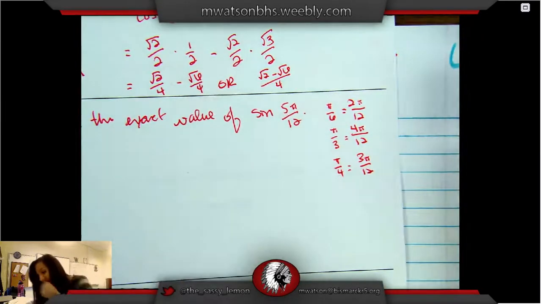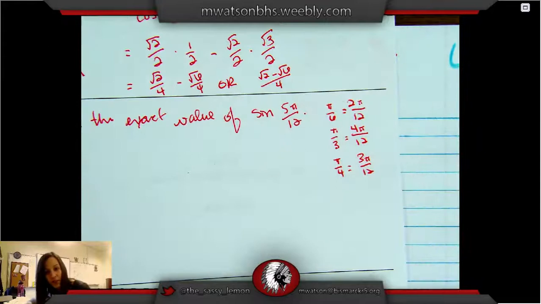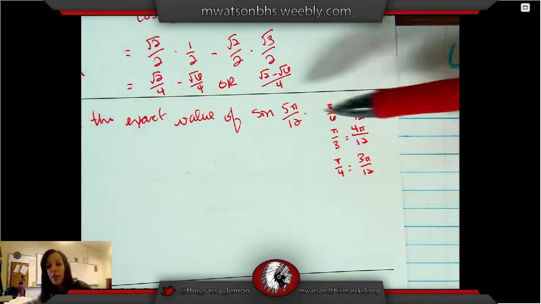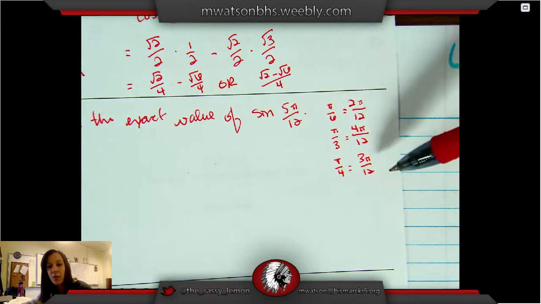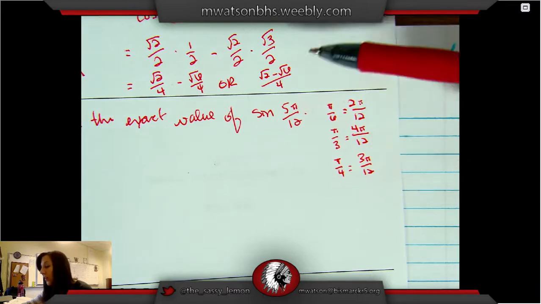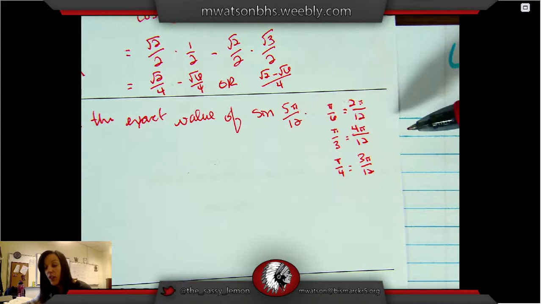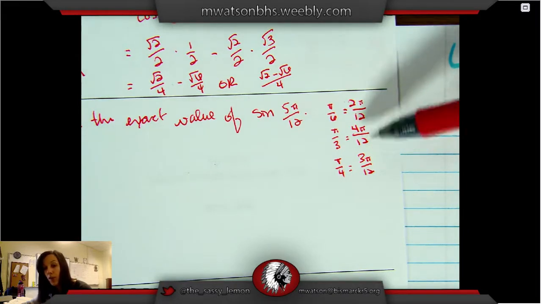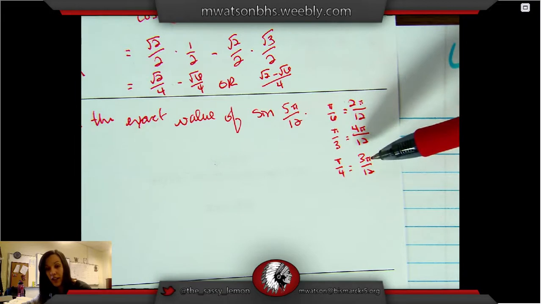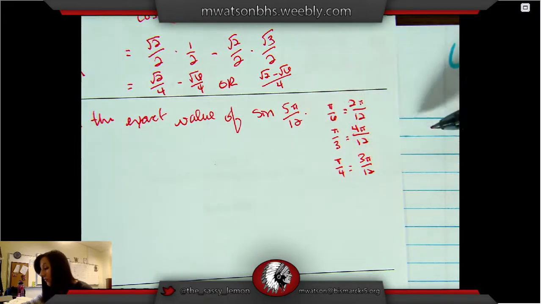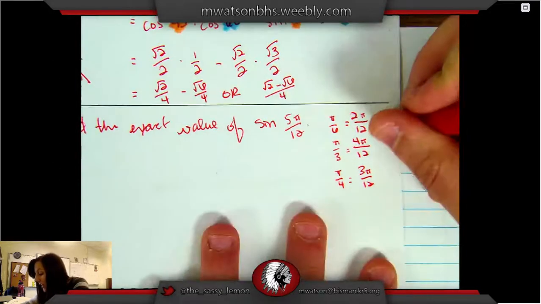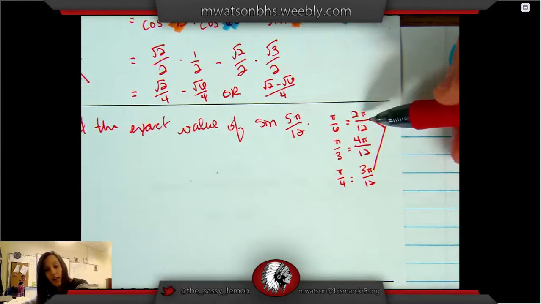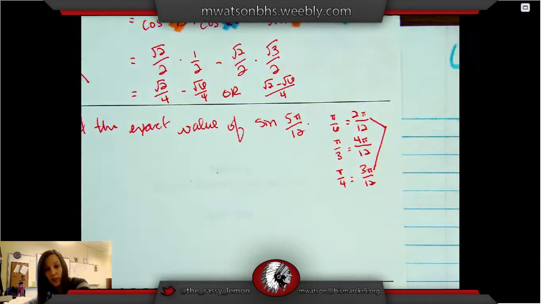So let's just stop there before we do a bunch of extra work, and let's see, can we create a sum or a difference out of these special angles that will equal 5 pi over 12? So can we add any of these together or subtract any of these from one another to get 5 pi over 12? And hopefully you see that these two, if we add them together, are going to equal 5 pi over 12.